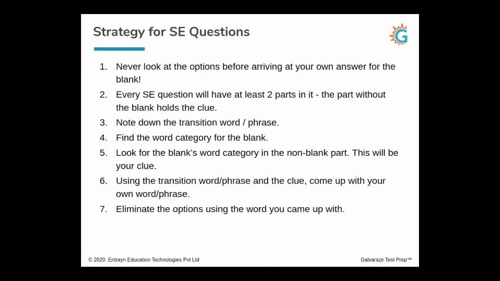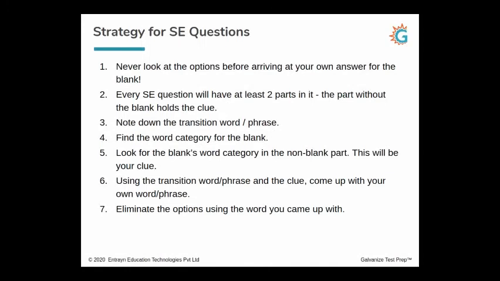Just by looking at the blank and the words before and after it, you'll be able to find the word category. And once you find the word category, you've already split the parts, and in the next 5 seconds you can also find the clue for it based on word category match. So you know that it's going to be an action word, and in the part that does not have a blank, look for action words.